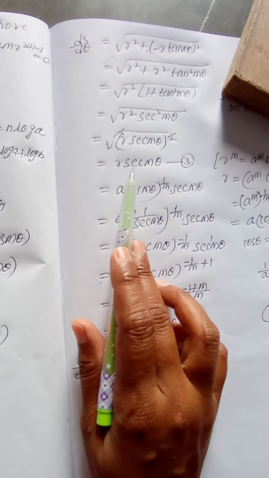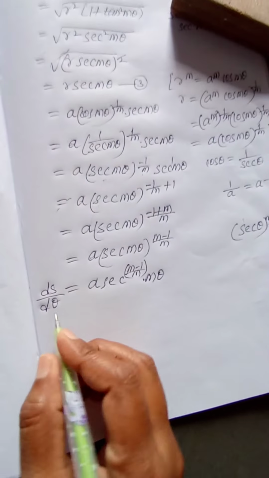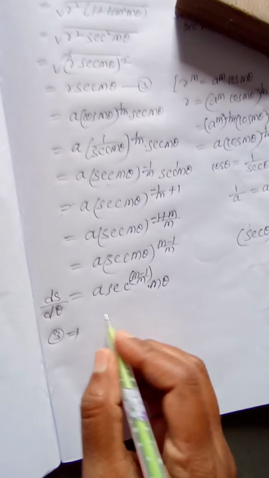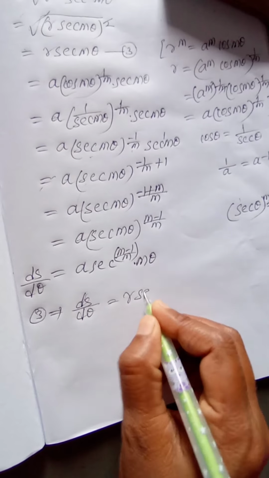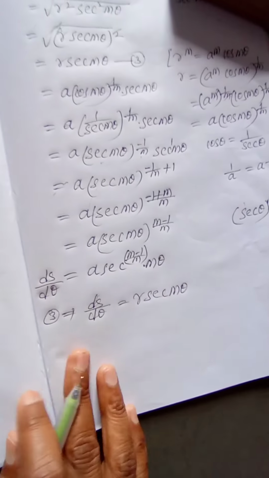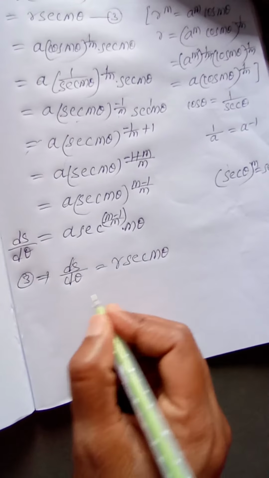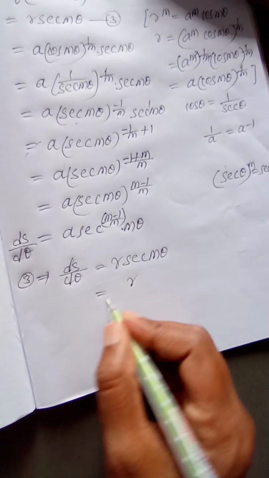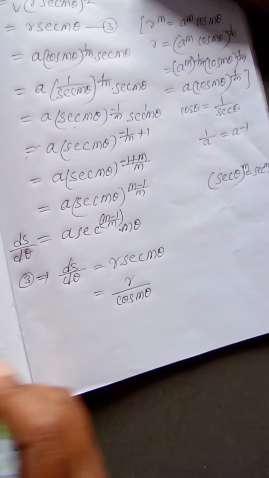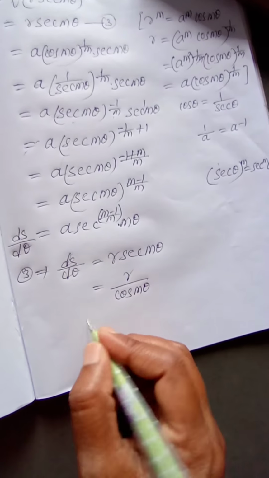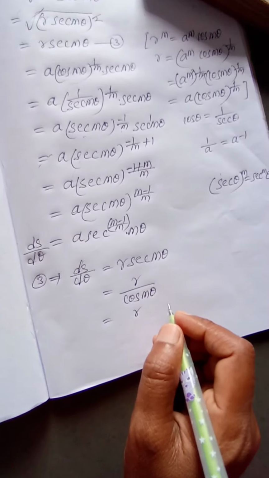From equation 3, ds by d theta equal to r into secant m theta. This is written as r by cos m theta, since the reciprocal of secant m theta is cos m theta.